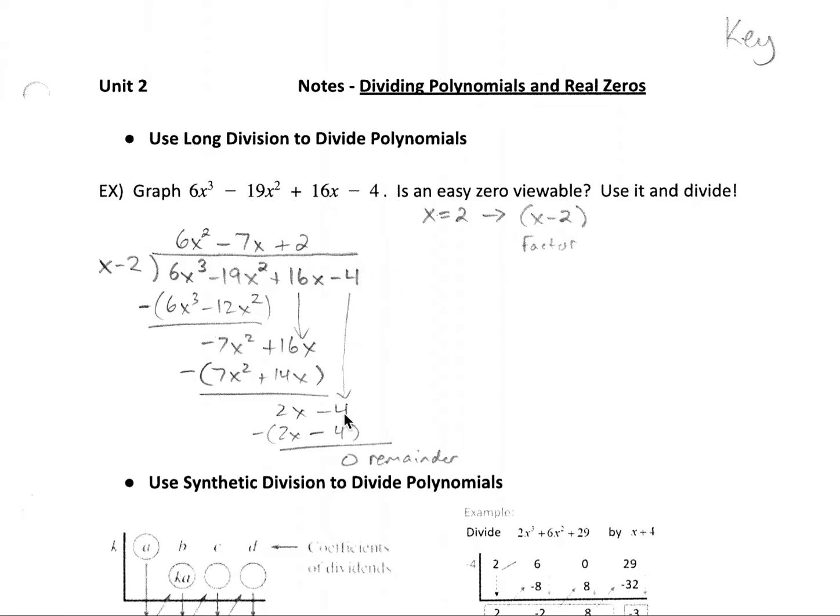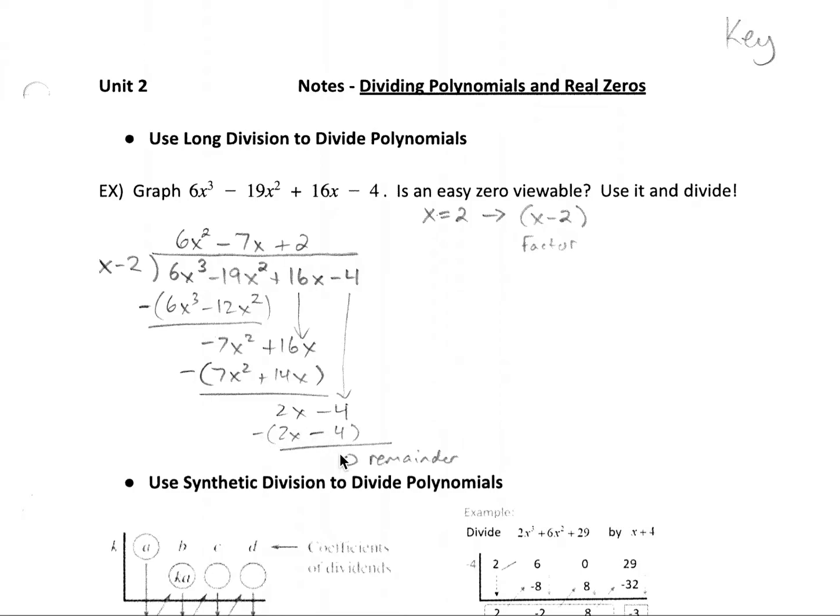Let's drop this term down, and then ask ourselves, x times what is 2x? Hopefully you're thinking 2. Multiply your 2 times your x and get 2x, and your 2 times your negative 2 to get negative 4. If we subtract and distribute that negative, we have negative 2x, so making a 0 in that column. Negative times negative 4 is positive, so making a 0 in that column.